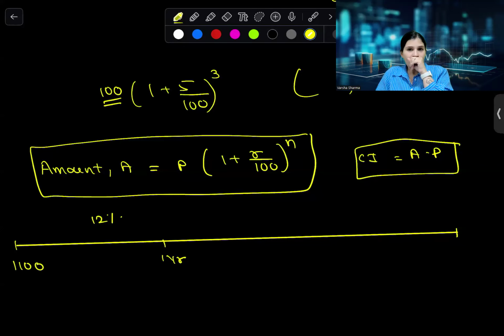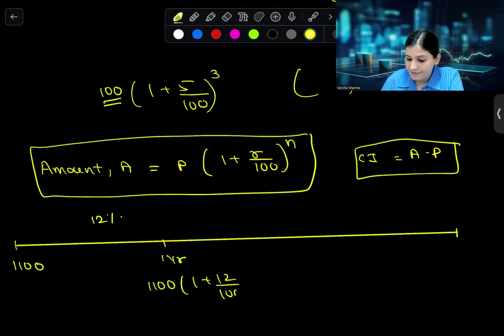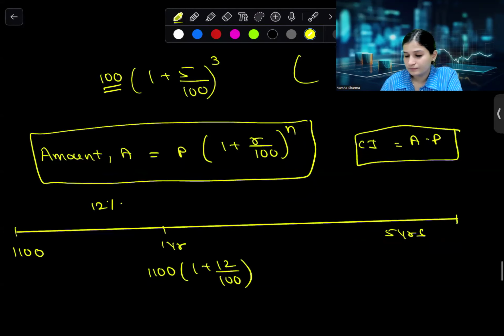What will I write? 1100 into 1 plus 12 by 100. And after 5 years, what will I write? We need to write the same, but we should add a power 5. Very good. Power will be raised to 5.